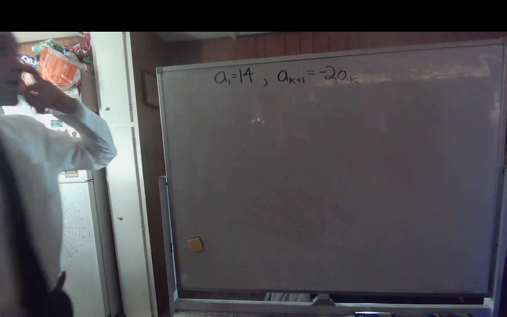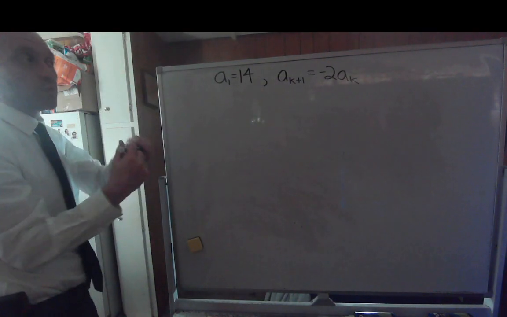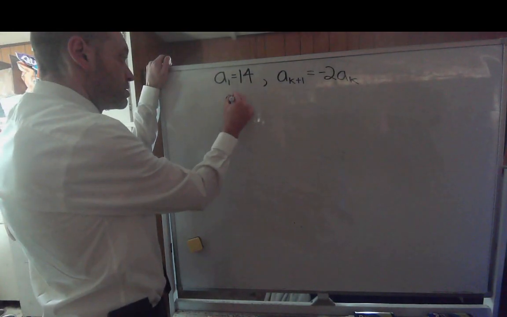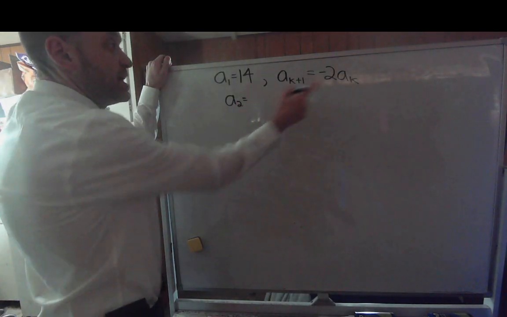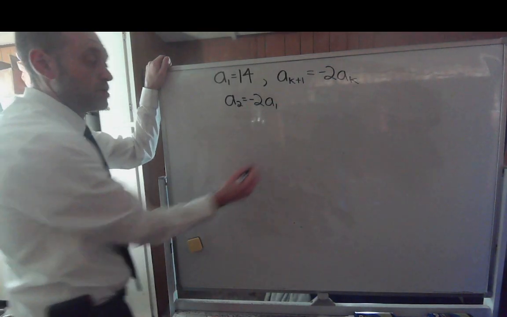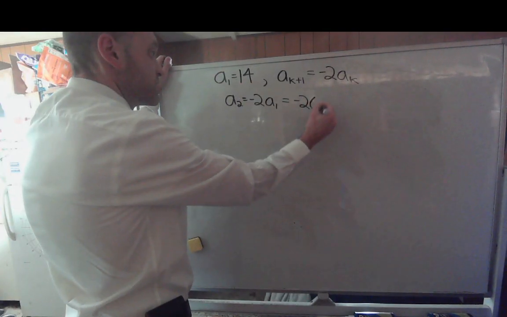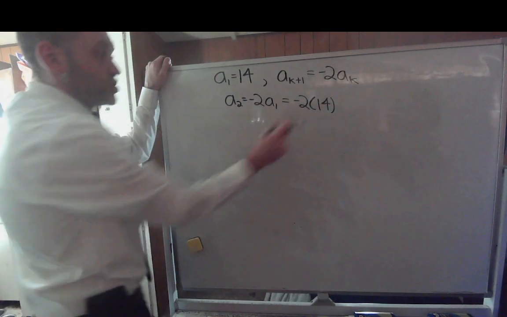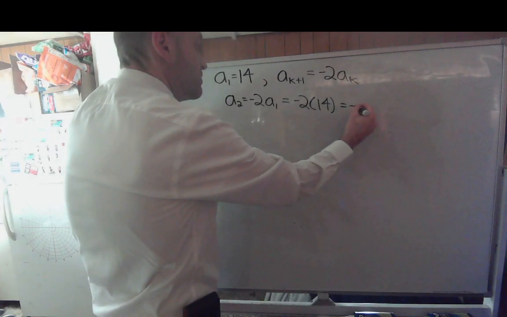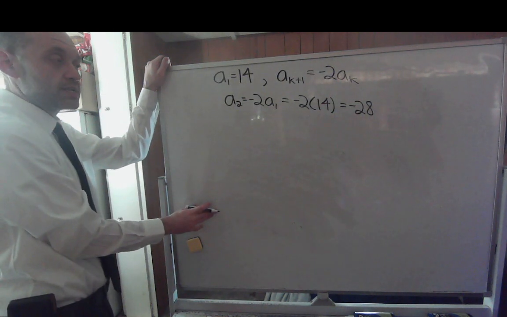So if I want to find my a sub 1 plus 1 term, in other words, a sub 2, I need to take negative 2 times my a sub 1 term, my previous term, which would be negative 2 times my a sub 1, which is 14, which would give me a value of negative 28. So a sub 2 is negative 28.